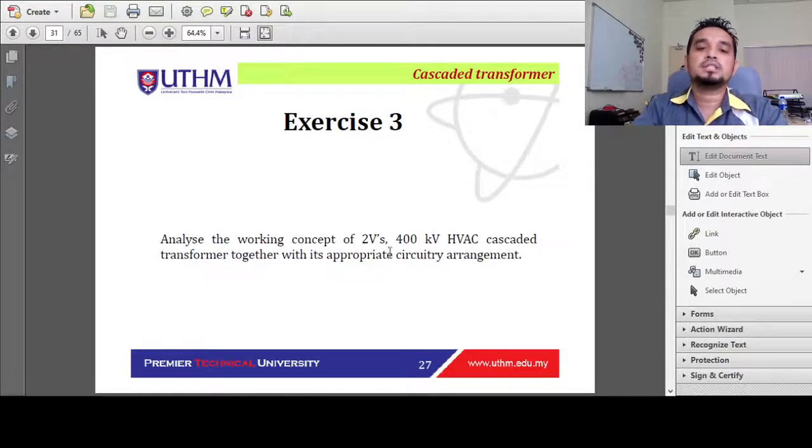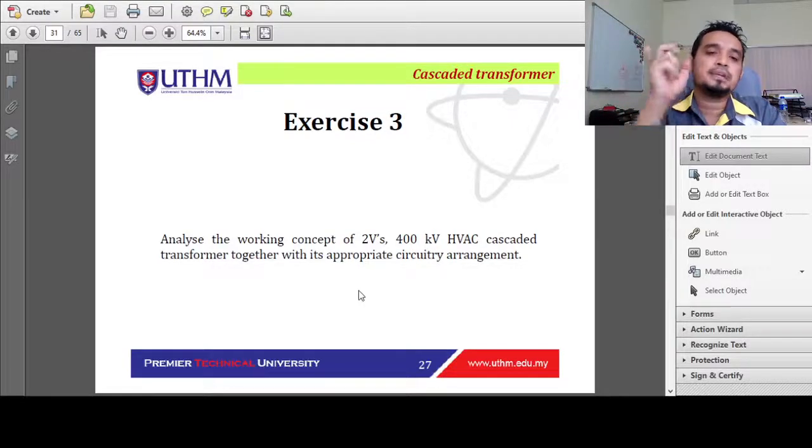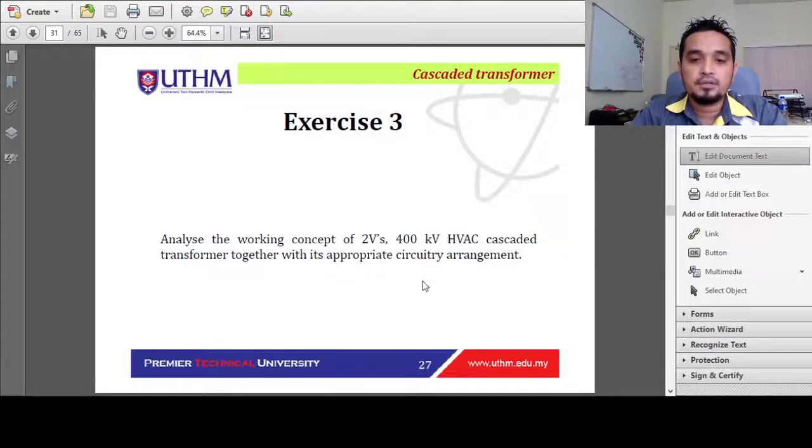Okay, how are you going to achieve 400 kV of cascaded transformer? This is to achieve 2 times V, 2 V's. How to achieve this? By using cascaded. You can include the circuit representations. You can include the schematic diagram, and please explain how to generate or produce this kind of voltage output.